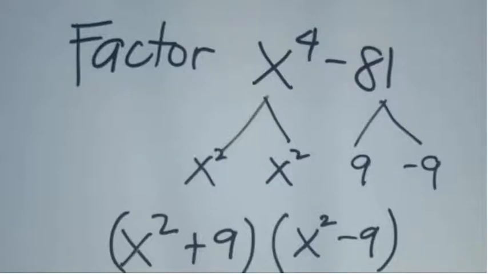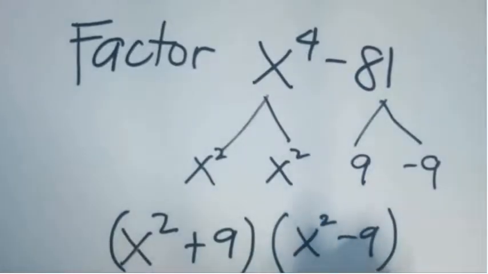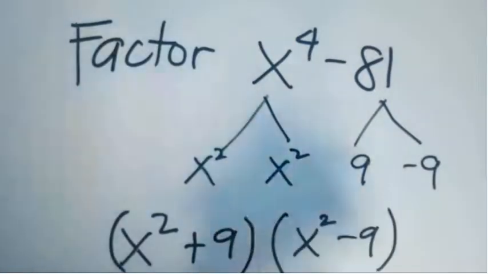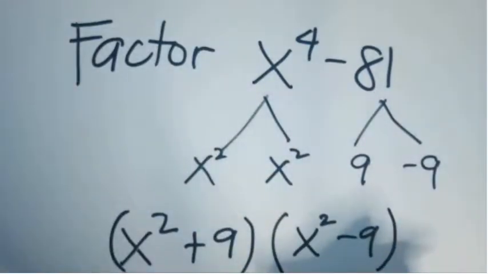Is this the final answer? No, because x squared minus 9 can also be factored by the difference of two squares, because the first term x squared is a perfect square. Then 9 is also a perfect square and they have a negative sign. Therefore, let us factor x squared minus 9.